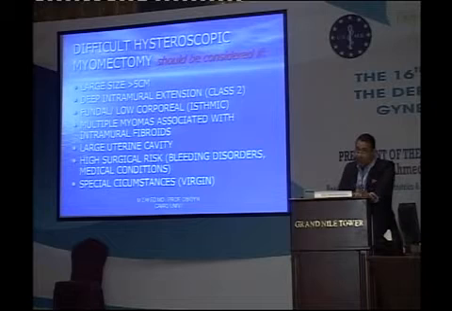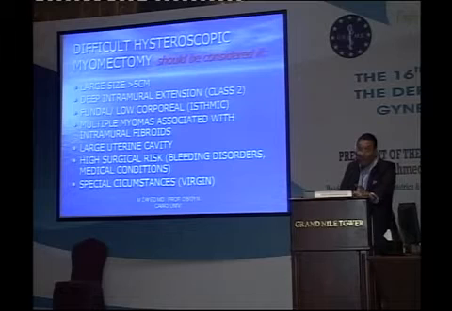So we will consider a hysteroscopic myomectomy difficult when you have a size of more than 5 centimeters, a class 2 myoma, which is more than 50% of the myoma within the wall, fundal and low corporeal location, or multiple myomas associated with intramural fibroids.